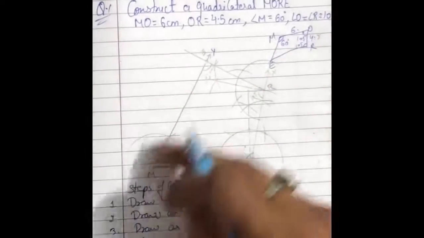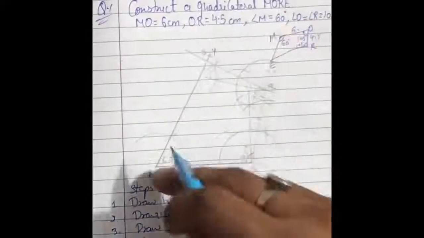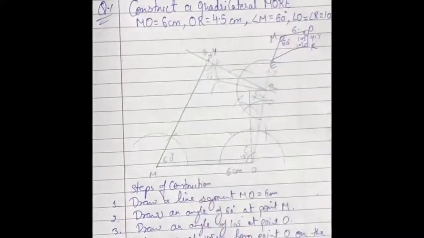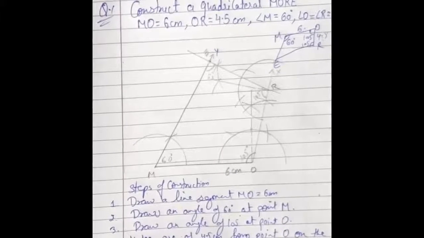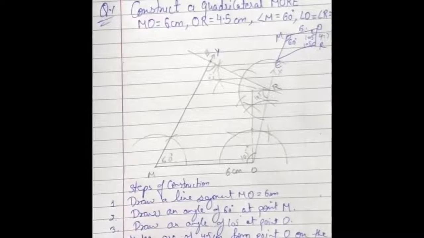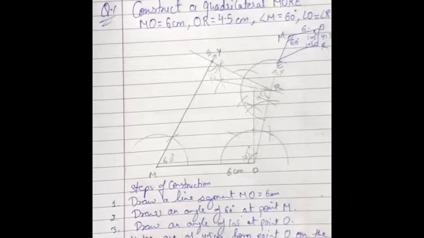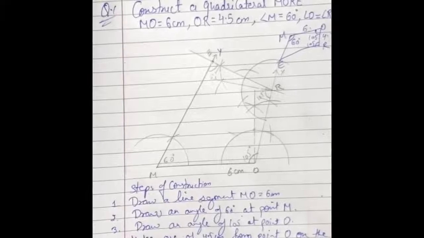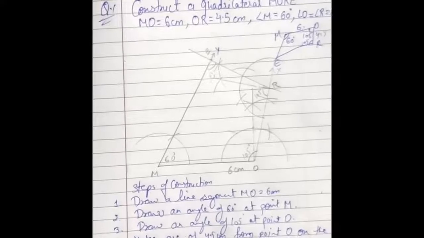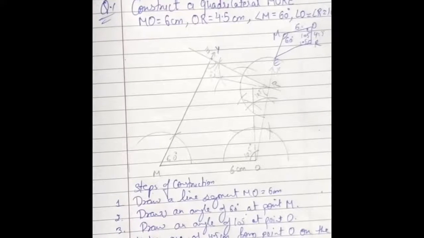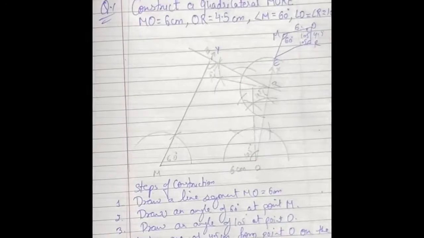Okay, that's point E. So now the sixth point, MORE is a required quadrilateral. I hope all of you can understand how we can construct this diagram. Now I can draw another diagram. Okay, there are 4 parts in this exercise. The second part is same as the first part, so I can draw the third.